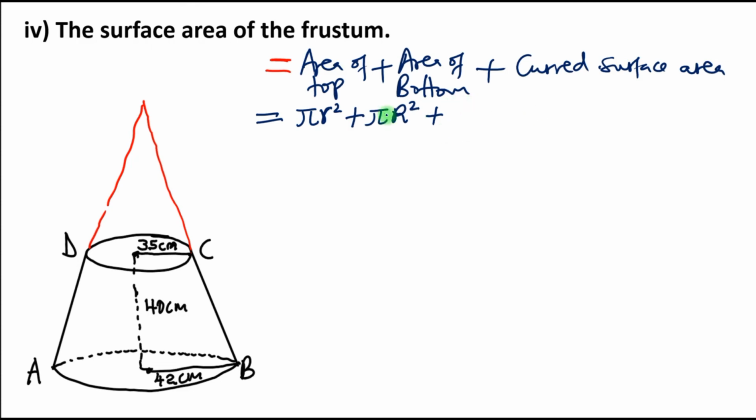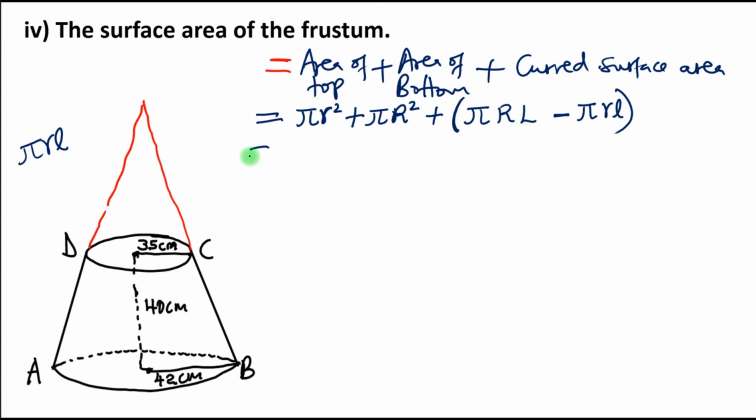The curved surface area of a cone is given by pi RL, but in this case we need to find the curved surface area of the bigger cone, which would be pi RL, minus the curved surface area of the smaller cone which was cut off, which is pi rl. I've used small letters to represent the smaller cone, and capital letters R and L to represent the bigger cone.